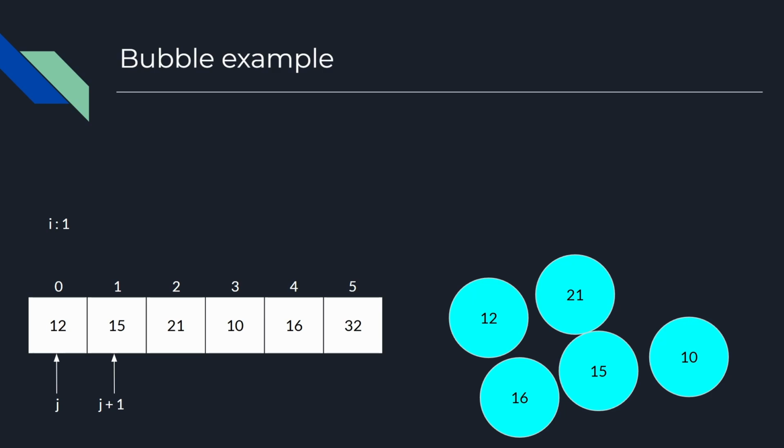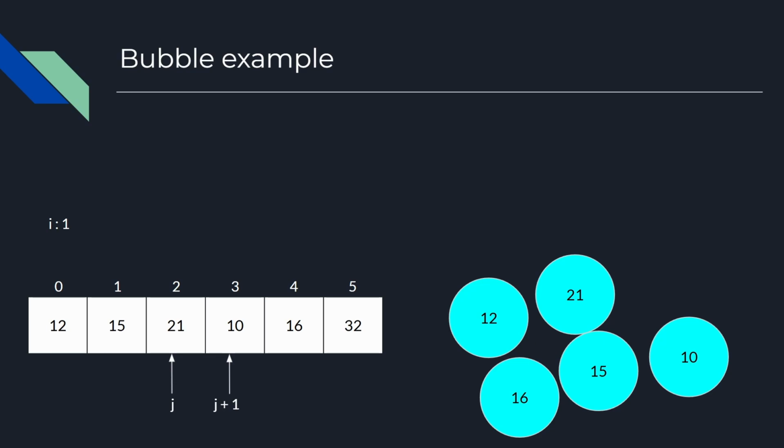So right now we don't need to do any swapping at the moment. Let's move on. j gets incremented. We check with the element just in front of j. Still, we don't need to perform another swap. Let's increment j again.